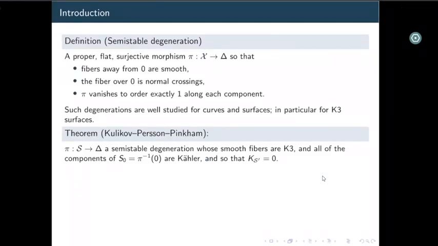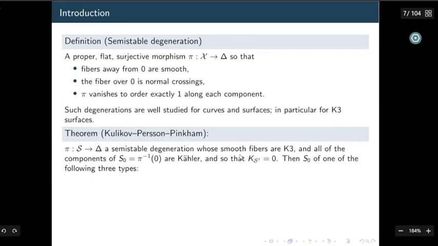There's a theorem going back to Kulikov, Persson and Pinkham, which says that if you have a semi-stable degeneration of K3 surfaces, so that the smooth fibers are K3s, and so that all the components of the central fiber are Kähler, and finally that the canonical bundle of the total space S is equal to 0, so it's a trivial canonical bundle, which is some sort of relative minimality condition, then the fiber over 0 takes one of the following 3 forms.